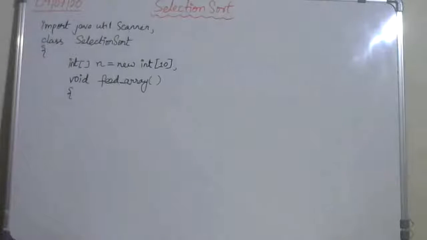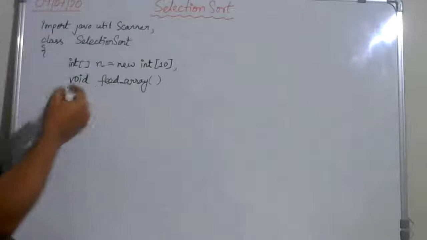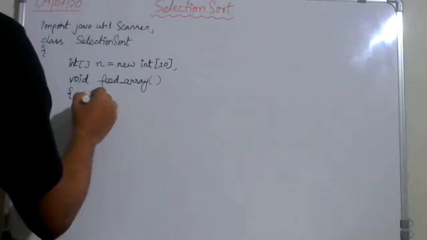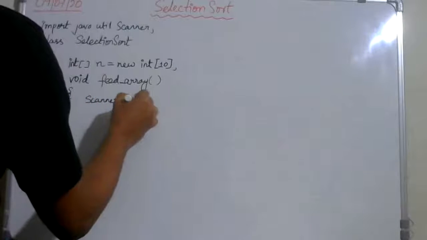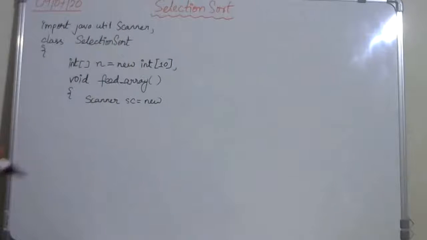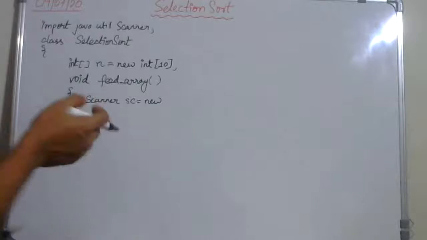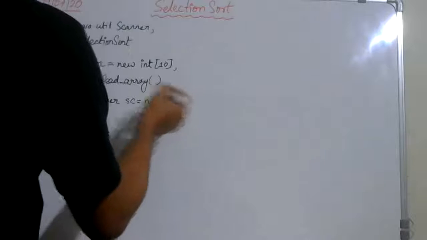In this particular function, first we have to define the scanner class, since we will be taking input here. So Scanner sc. It's basically the same function that we had written while we were studying the linear searching method.